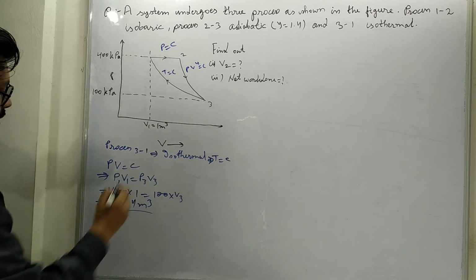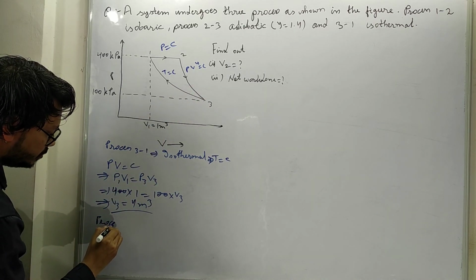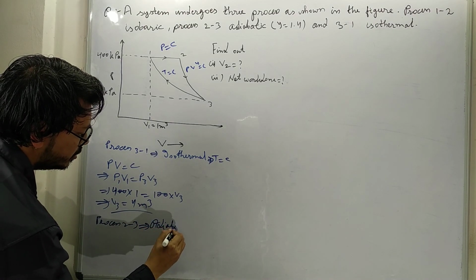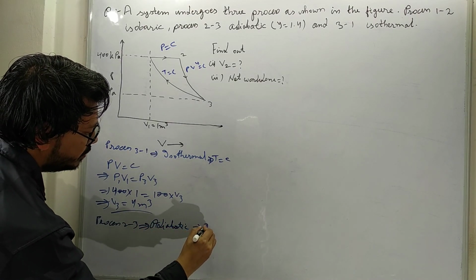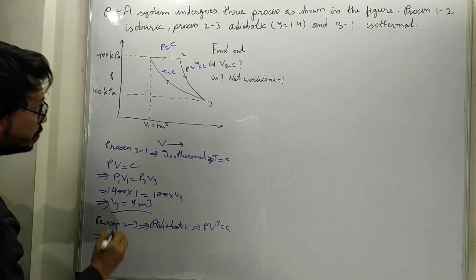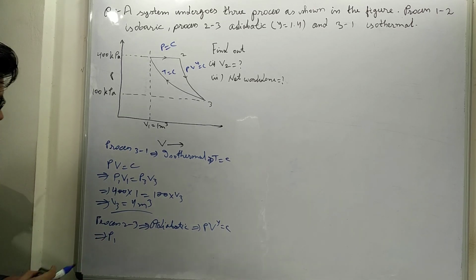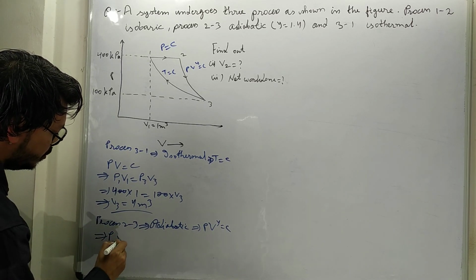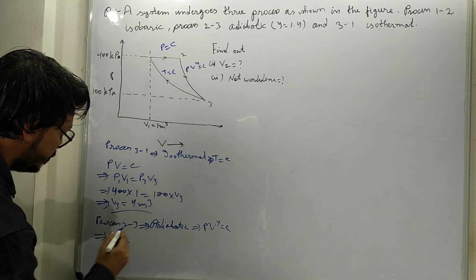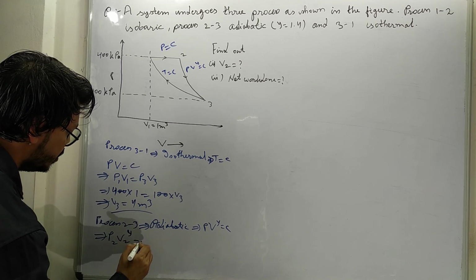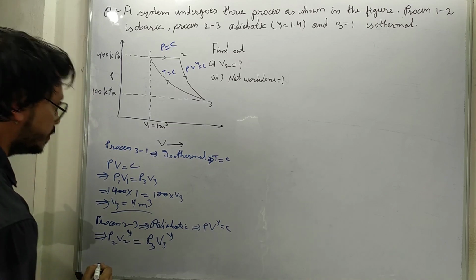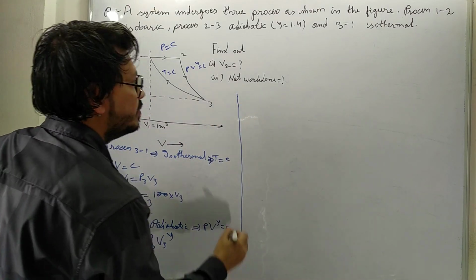Now for process 2 to 3, this is adiabatic process. That means PV to power gamma equals to constant. This implies P2 V2 to power gamma is equal to P3 V3 to power gamma.